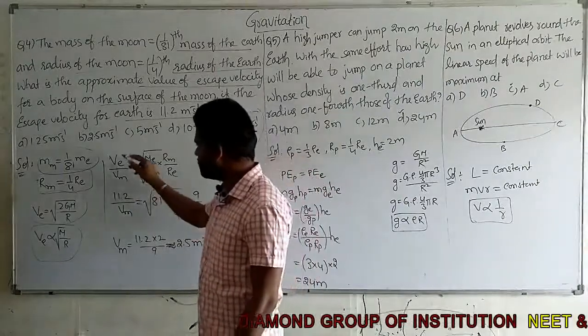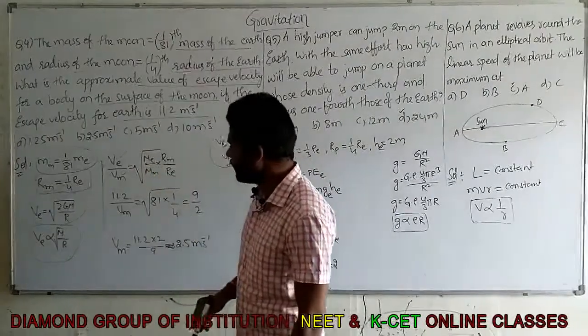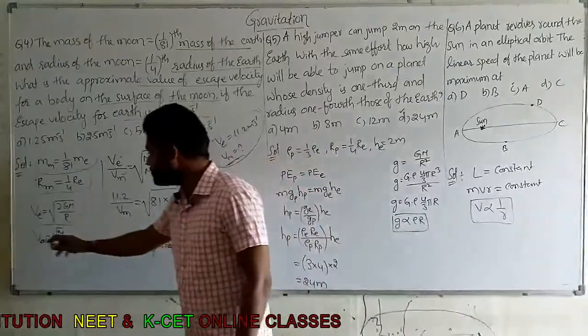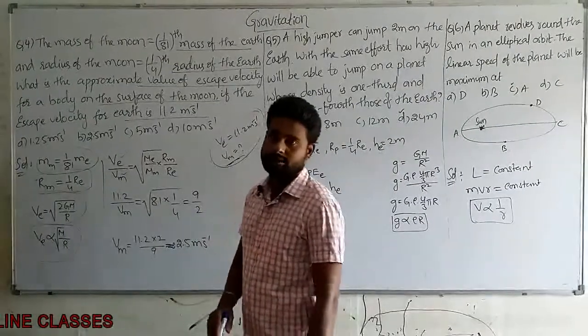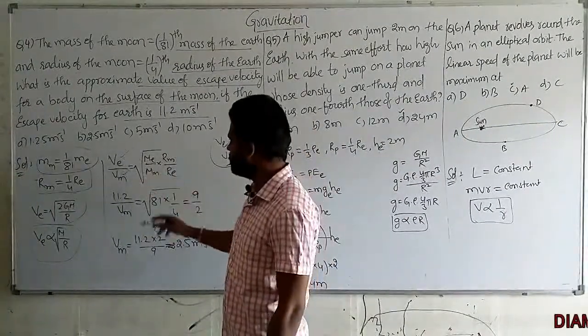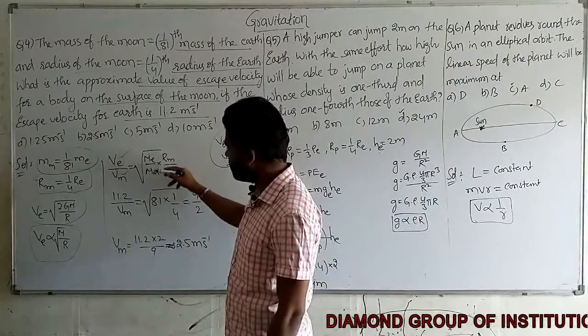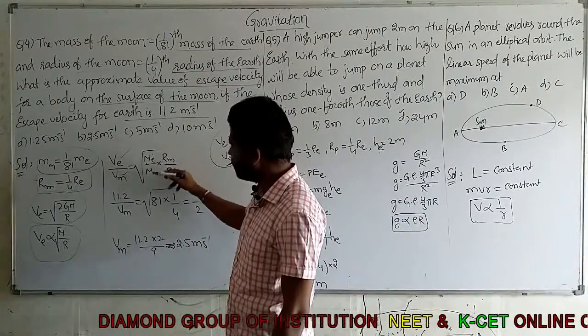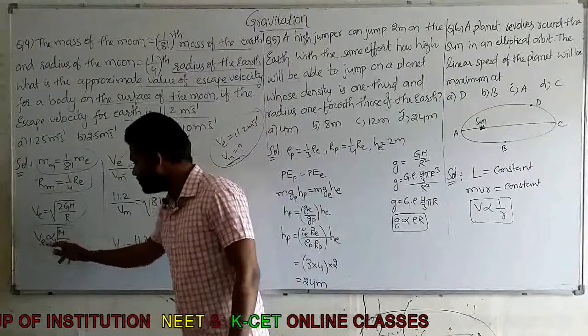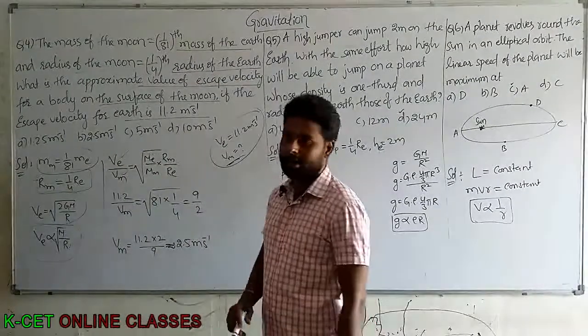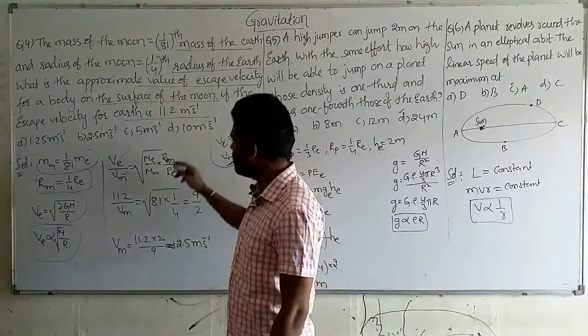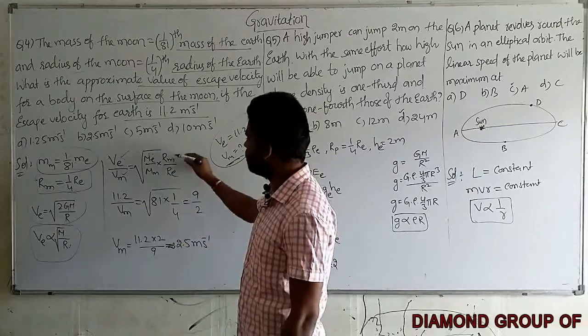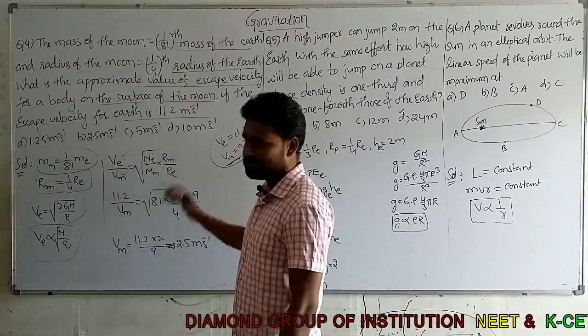So escape velocity on the Earth by escape velocity on the Moon: escape velocity is directly proportional to the mass of the planet, so Earth mass by Moon mass. And escape velocity is inversely proportional to the radius, so we get radius of the Moon by radius of the Earth, and the square root is there as it is.